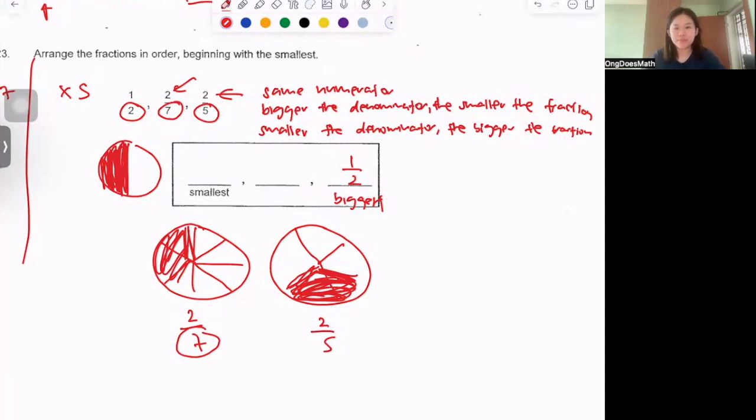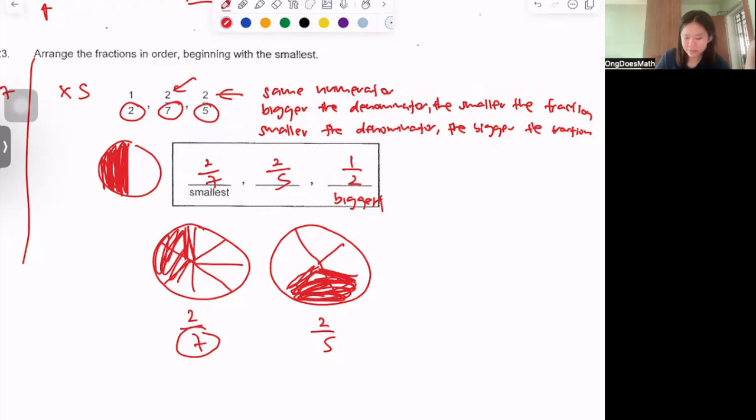Sorry, I didn't realize that my video is blocking it. Anyways, if you have a smaller group of friends, then obviously you get to eat a bigger slice of pizza. So that's how you can think of it. So the smallest is actually 2/7, and hence the remaining one is just 2/5.